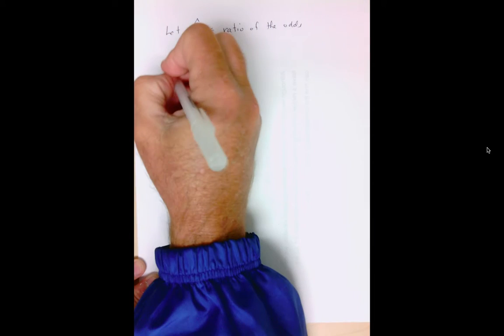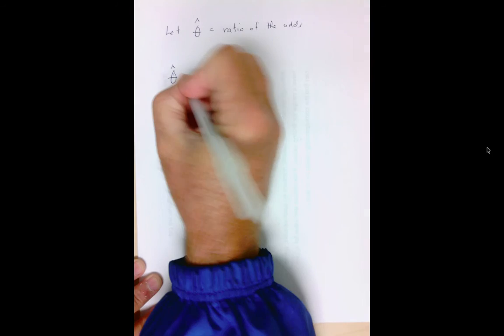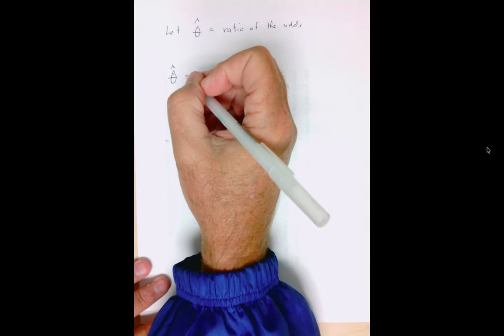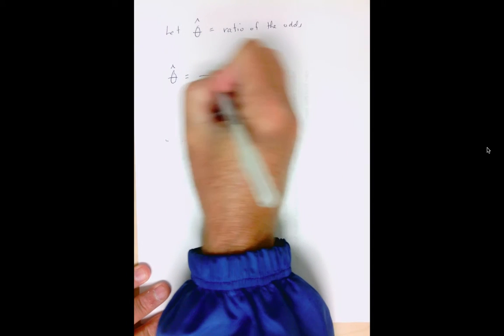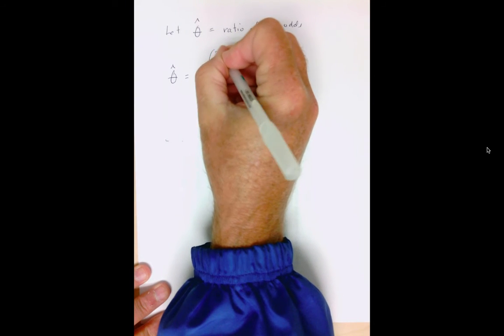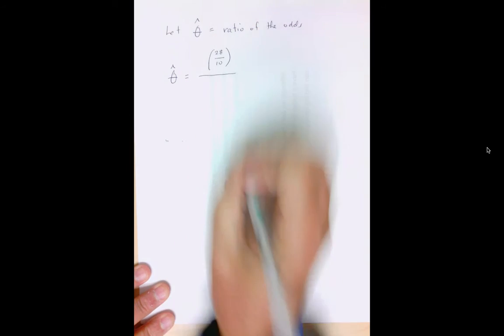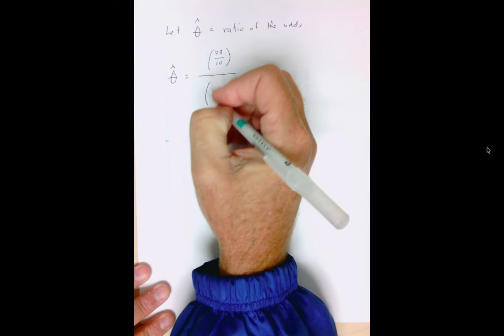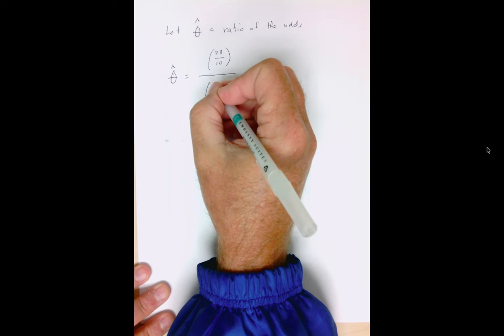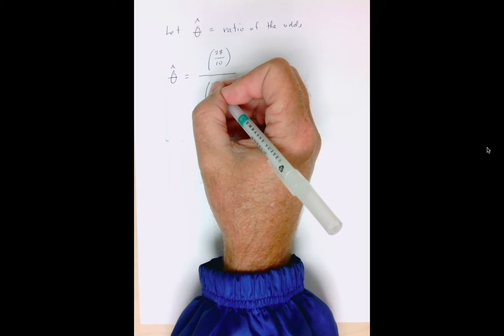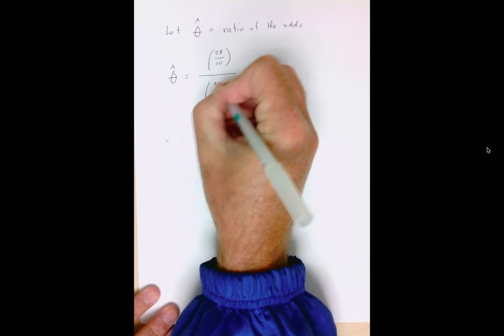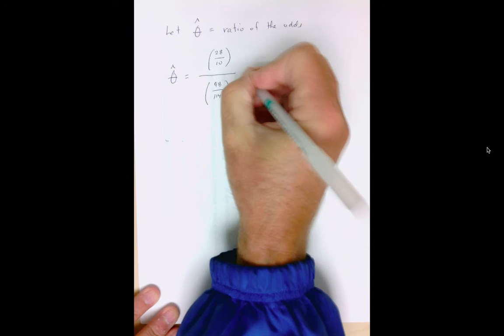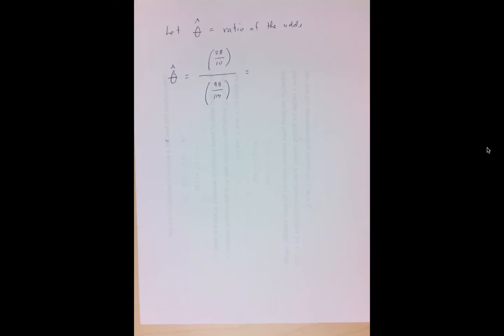So in our situation, the odds ratio for success from Professor A to Professor B. So 28 to 10 for Professor A, and 48 to 114 for Professor B. So guys, let me pop that in the calculator.